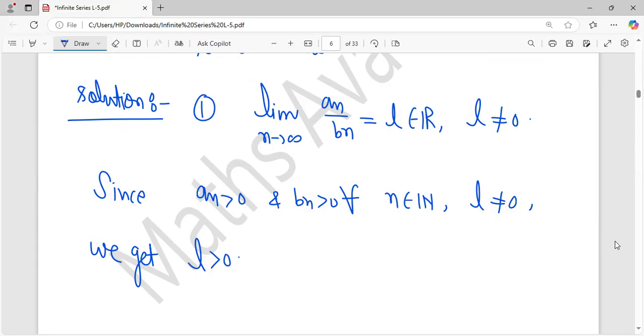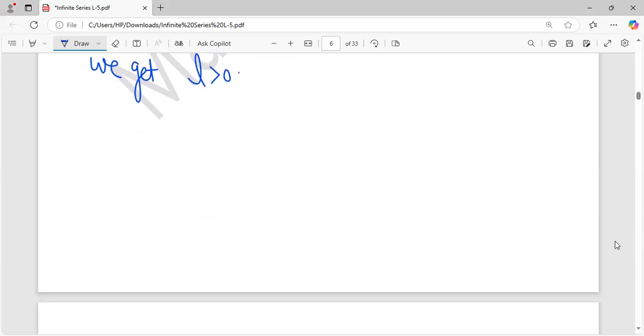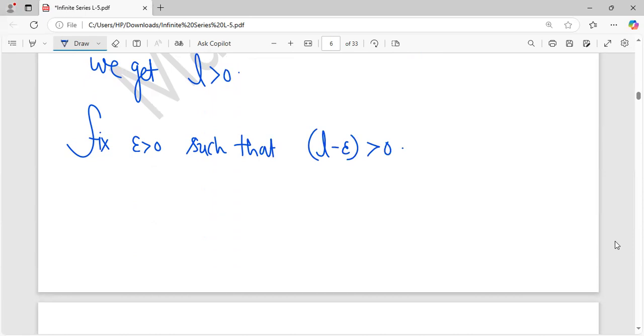Now fix epsilon greater than zero such that L minus epsilon is positive. As L is positive and epsilon is positive, it obviously implies L plus epsilon will also be positive.